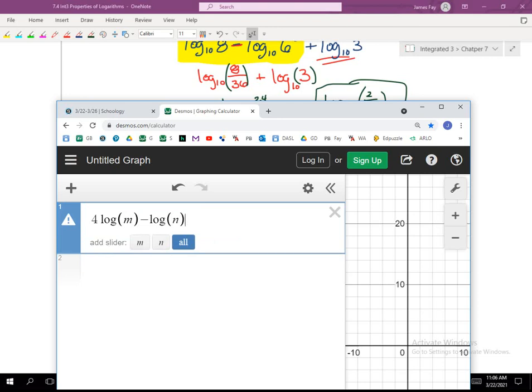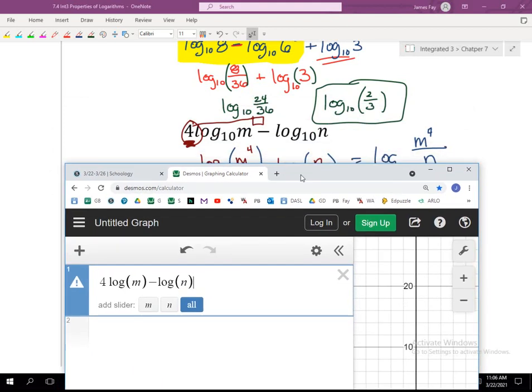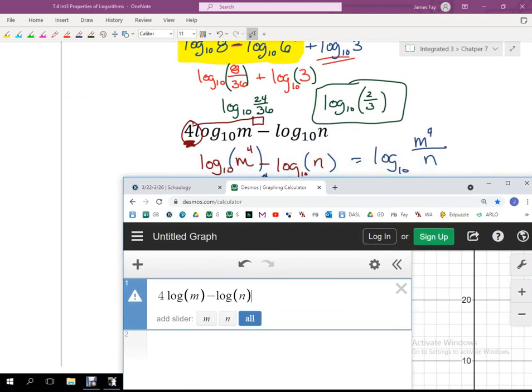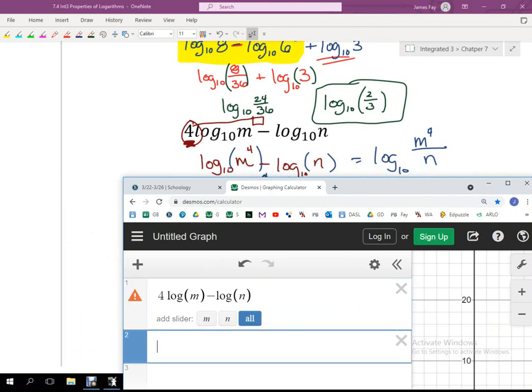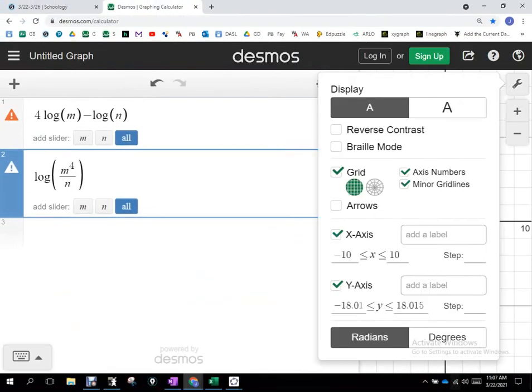I can take care of that now, or I can worry about it later. I'm going to worry about it later. But that's exactly what we started with, right? Now I'm going to type in what we developed. So I'm going to go log of m to the fourth divided by n. So you type what you started with, and you type what you ended with.